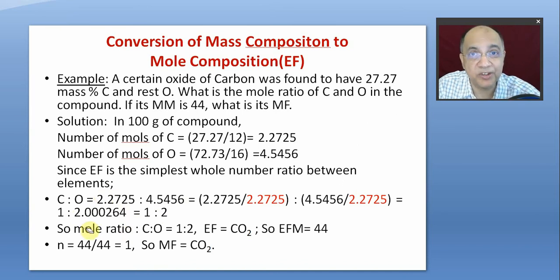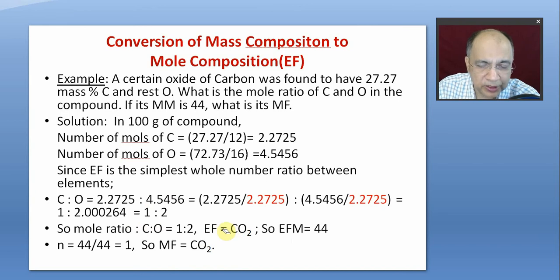Experimental error is inevitable, so this much experimental error is allowed. So it is nothing but 1 is to 2. The mole ratio means the empirical ratio. So the empirical formula is 1 carbon, 2 oxygen. That is the minimum ratio.